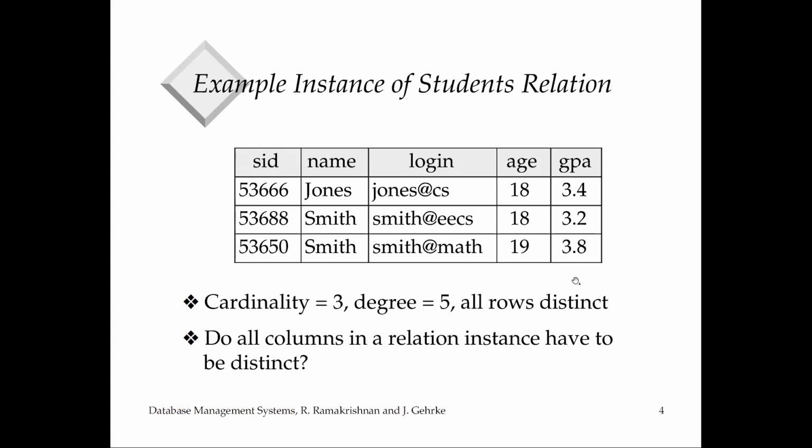For example, if you are looking at this table and you wanted a field that uniquely defines each row, I think an automatic candidate would be the student ID, right? So when you're defining your table, you can specify that the primary key for this table is the student ID, because you're sure that it must not be repeated. Not two students should have the same student ID. So it's a very good choice for the primary key.